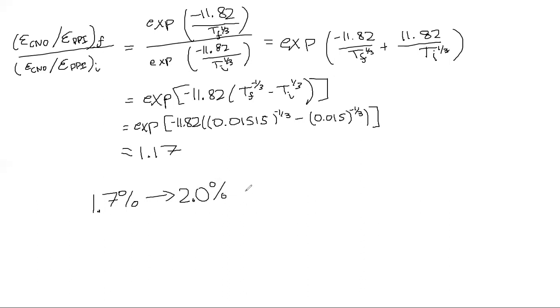So we can safely say that the star is still PP chain dominated. So it's fair to say that there is a 17% increase in the efficiency of the CNO cycle as a result of increasing its temperature by 1%.